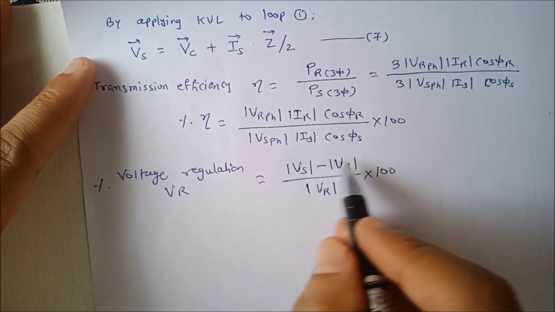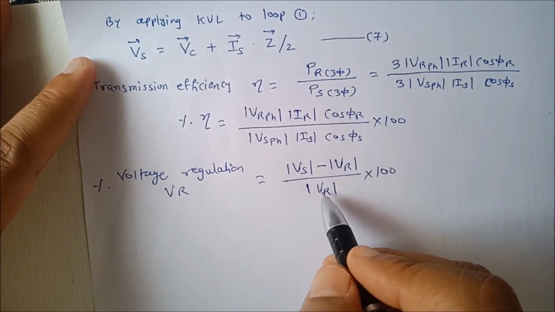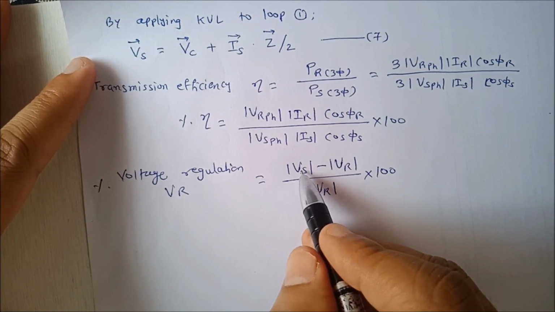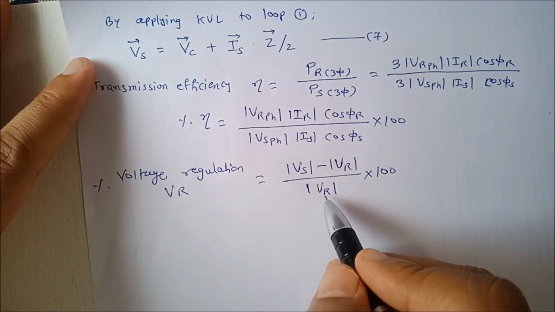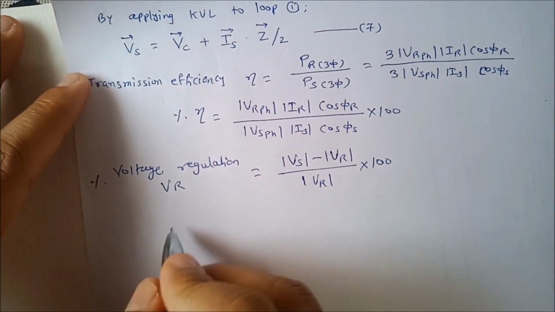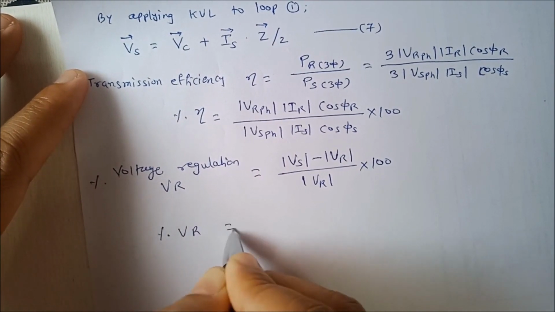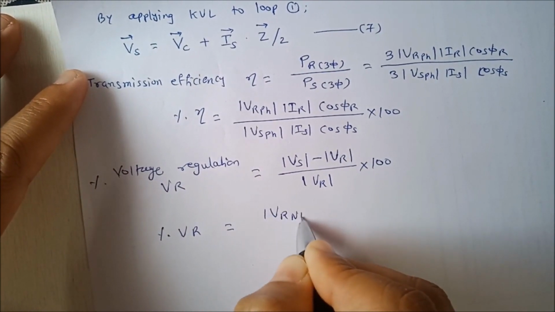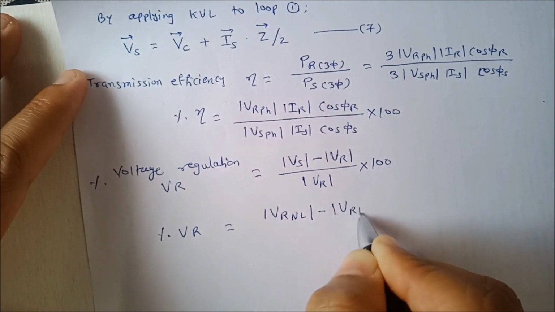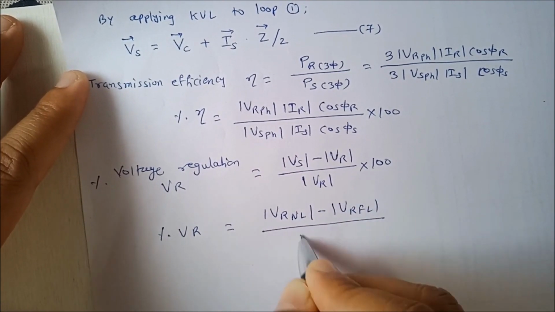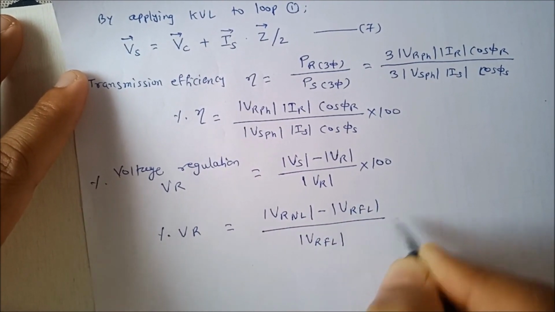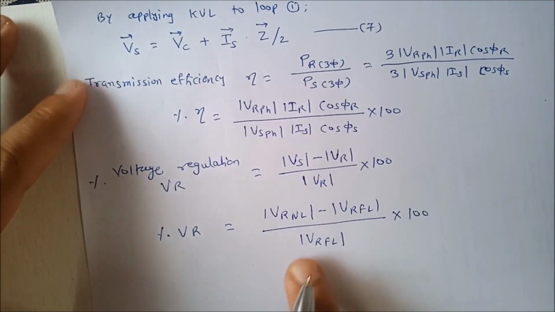You can take these as line voltages, or if you take them as phase voltages, this will be Vs phase, Vr phase, and Vr phase. If you want a more accurate equation, then that will be Vr no load minus Vr full load, divided by Vr full load, into 100. FL indicates full load, NL indicates no load.